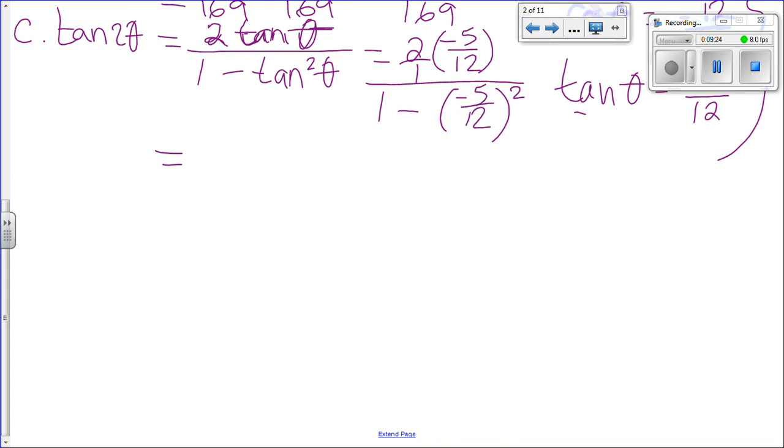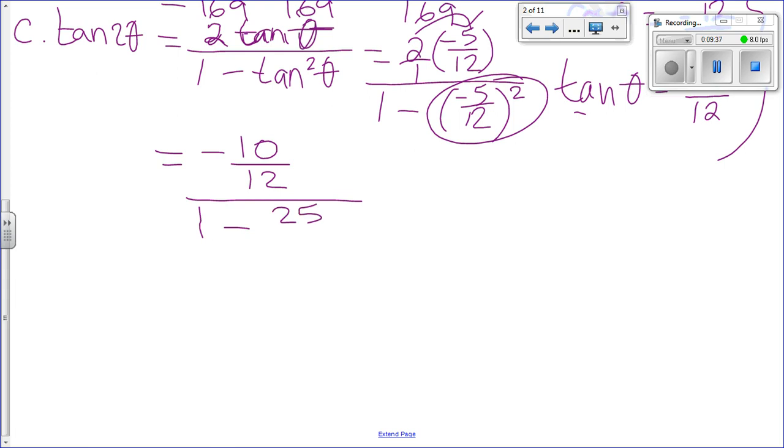Yes, 2 times negative 5 is negative 10 divided by 12. On the bottom, I have 1 minus, and I need to square this fraction here, so that will be positive 25 over 144. Now here, this is a complex fraction, because it is like a fraction within a fraction, right?